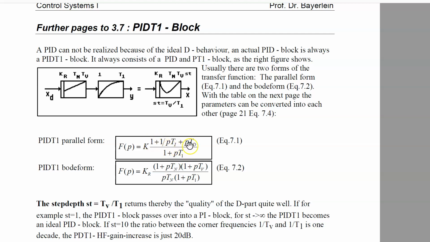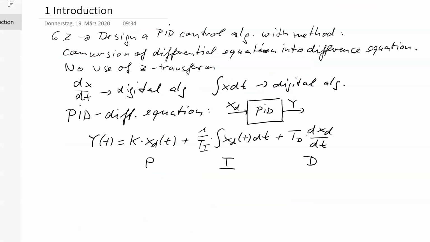The numerator is the differential equation of the summing form of the PID, and you see again I have forgotten parentheses, so I should add these parentheses, and this exactly comes from the transfer function.